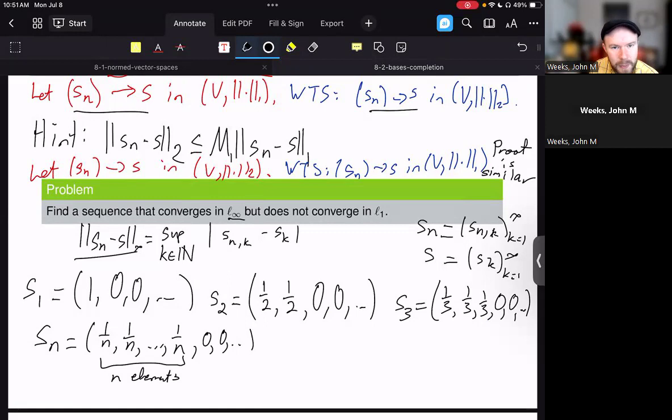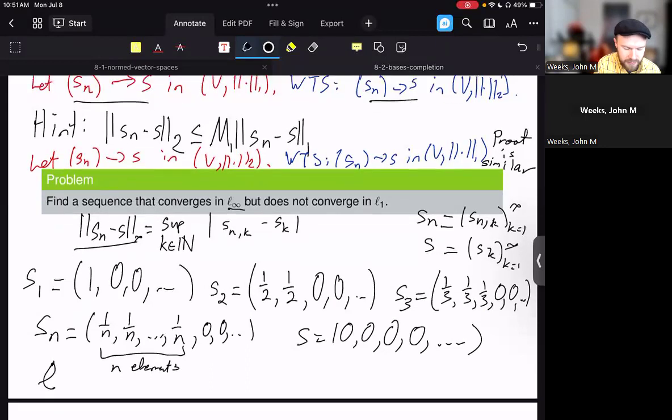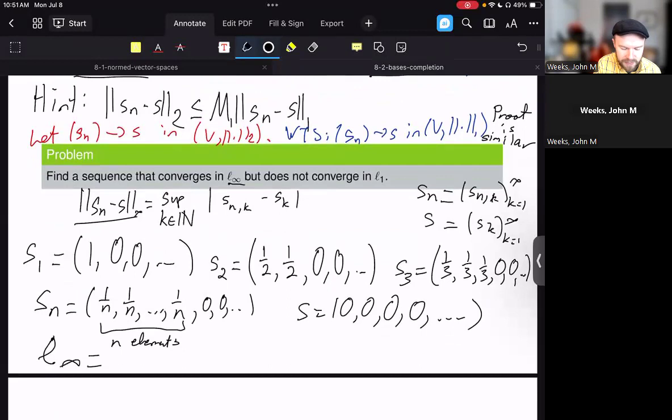This sequence is indeed going to converge uniformly here, and we can see that because the largest possible distance between any given element and the sequence of all zeros, S equals just 0, 0, 0, 0, that's the largest possible distance between these two elements in L infinity, is going to be the supremum over all k in the natural numbers of S of n comma k minus S of k.